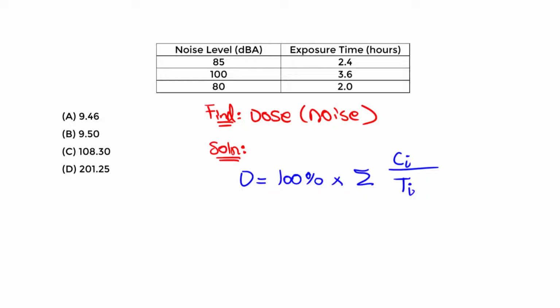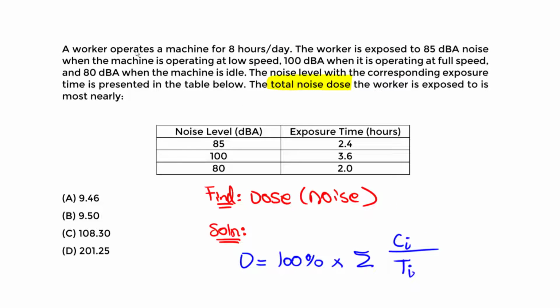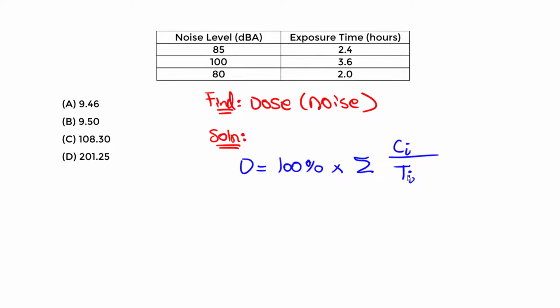CI is the time spent at a specified sound pressure level. That's the time we actually measure, the time the worker spends, and those times are given in the table. TI is the tricky one. It's the time permitted, the permissible time, and that's the time we get from the table.